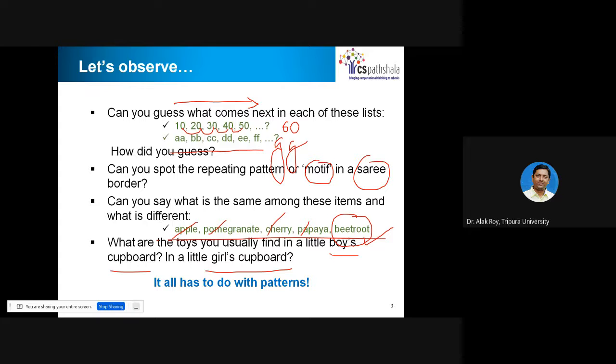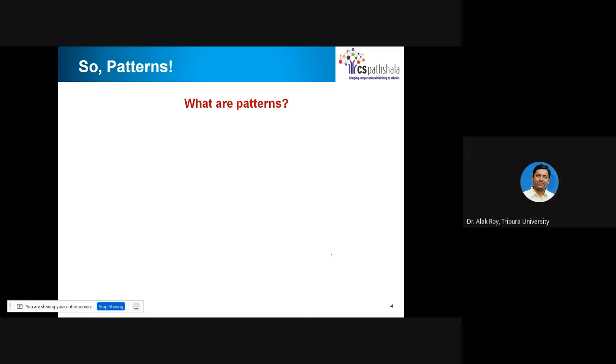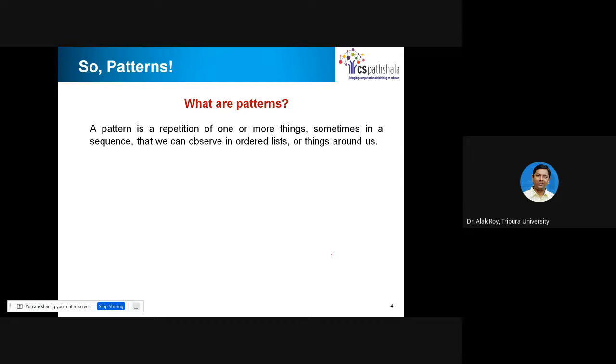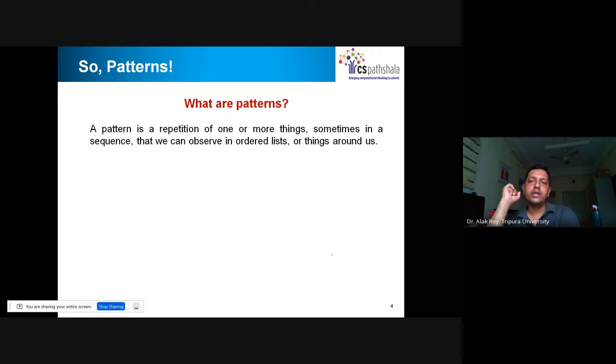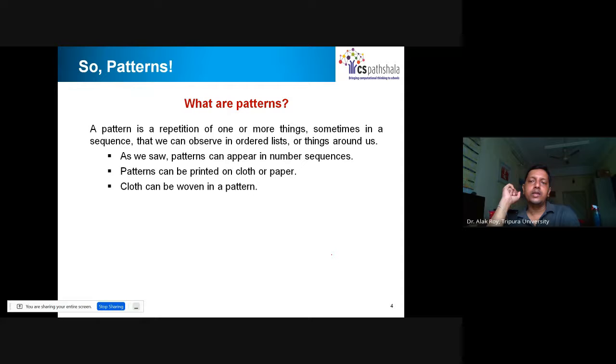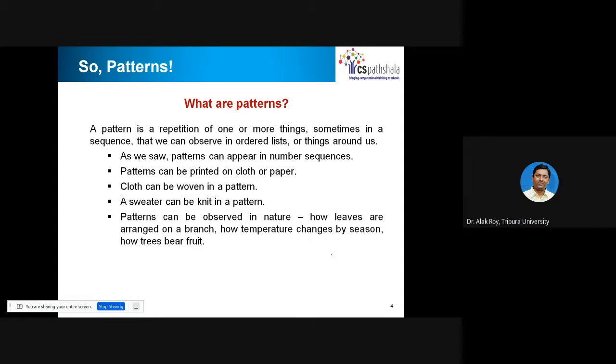So all these examples have to do with pattern. So what are patterns? If we need to give a technical definition to class 4 students, a pattern is repetition of one or more things, sometimes in a sequence, that we can observe in an ordered list or in things around us. As we saw, a pattern can appear in a number sequence or in cloth.